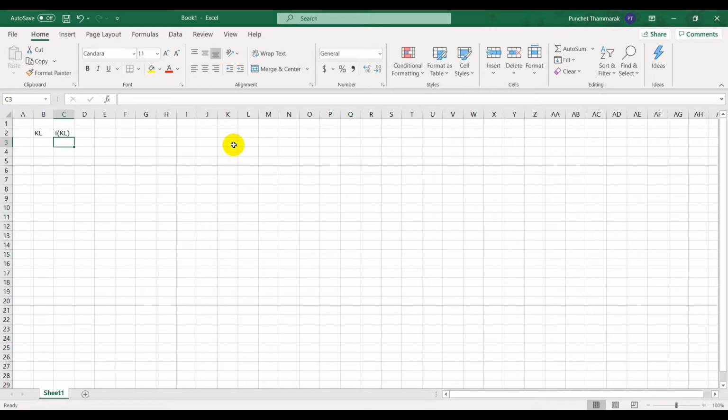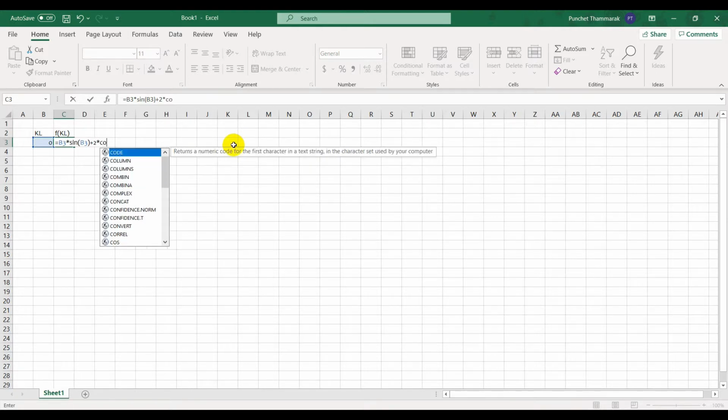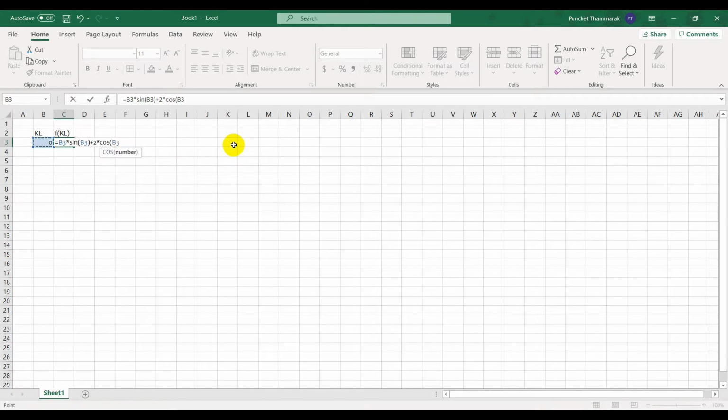The function of the KL is basically given by the KL itself multiplied by sine of KL, and then plus 2 times cosine of KL, and then minus 2. So this function was supposed to be 0, right?